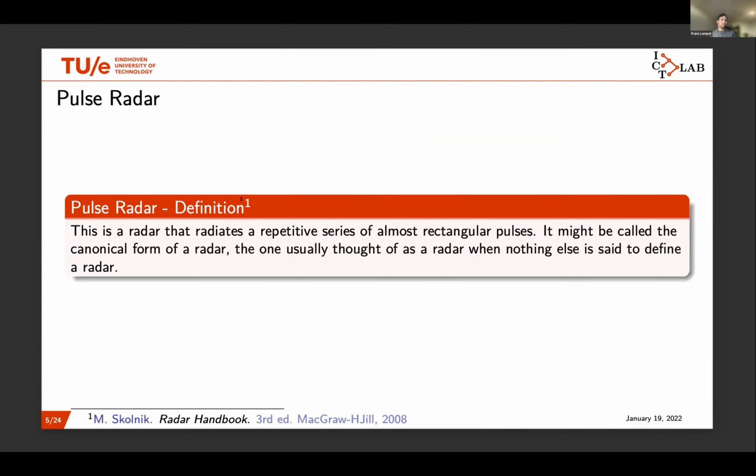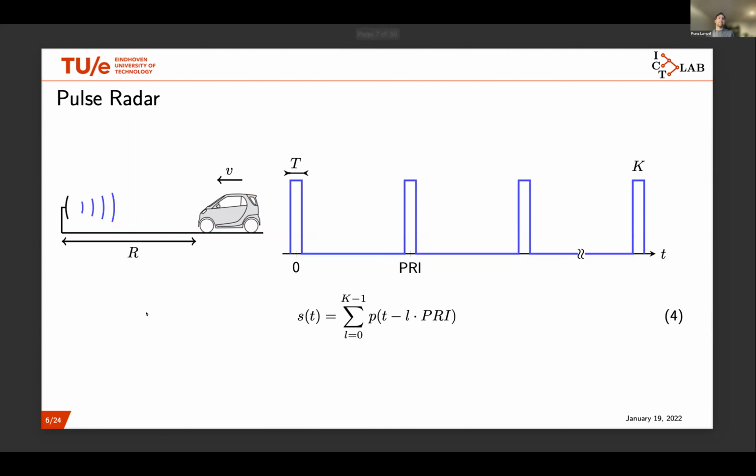So there are many different types of radars. You have these continuous wave radars, and another type of radar is this pulse radar. When you look, for example, in this radar handbook by Skolnik, you can see that the pulse radar is defined by this radar which sends repetitively rectangular pulses. And how does this look like? Suppose we have here a stationary radar.